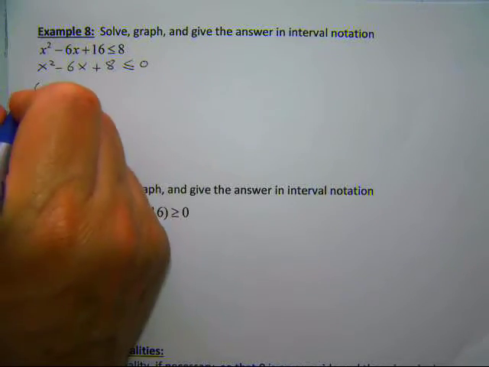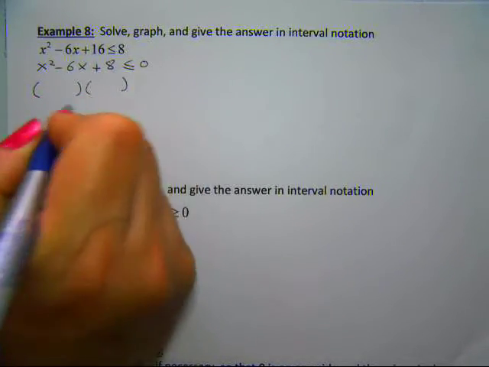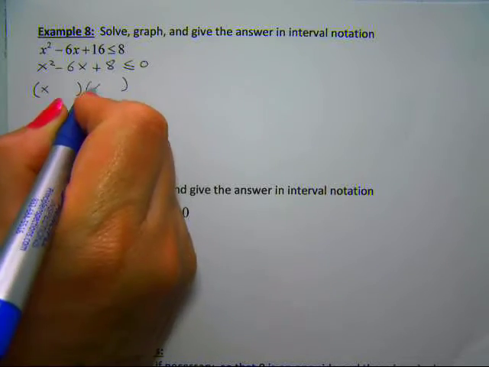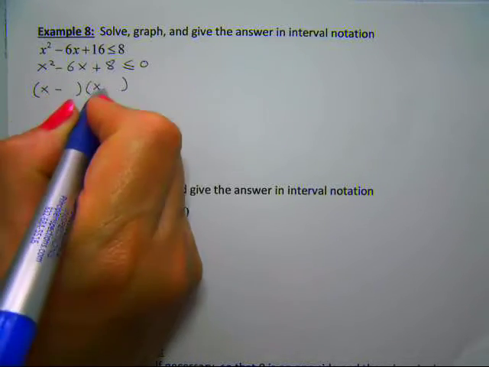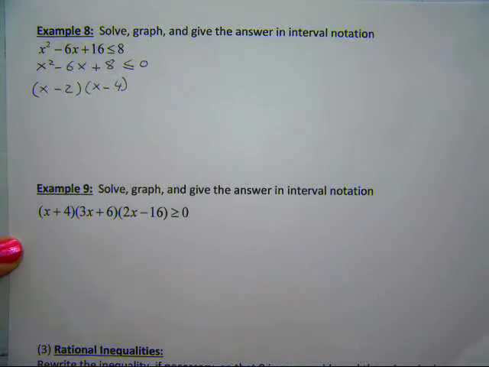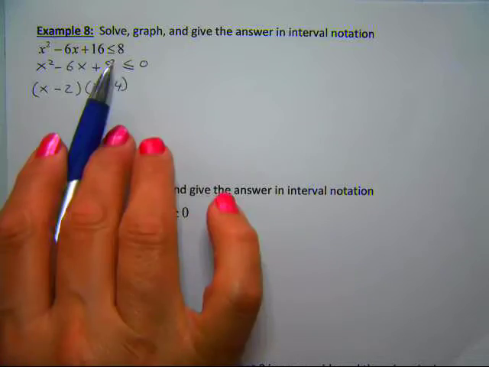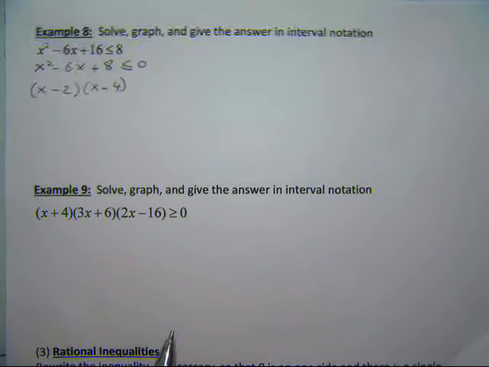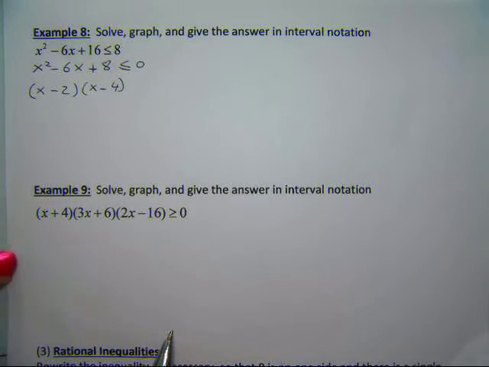So please be careful with that. And then you can continue, both are negative. 4 times 2 add up to 6. Okay, I'm going to let you finish, but I got kind of worried because I wanted you to make sure that you subtract the 8. So I'll come back to this.